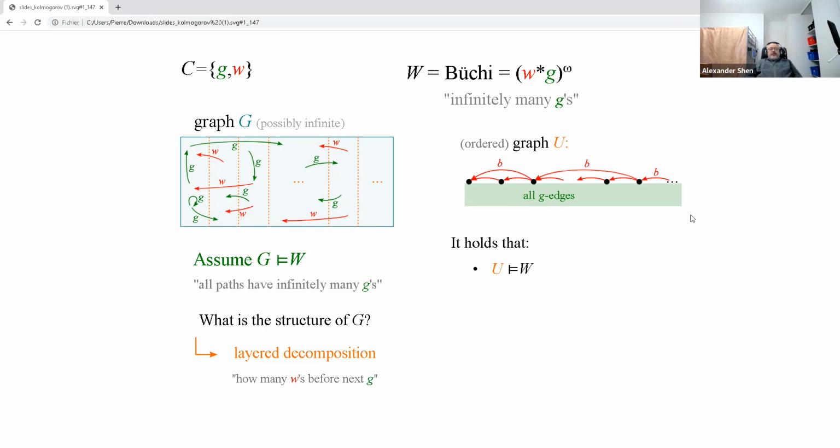But in general, imagine we have an arbitrary W. Then we say that a graph satisfies the W property, so all paths have this W property, if and only if we can introduce a mapping of the graph into a labeling by ordinals.